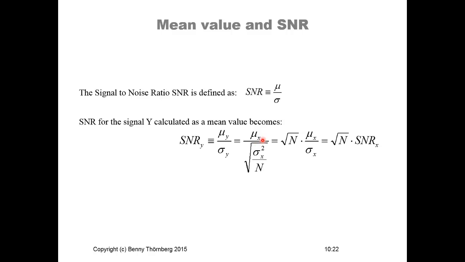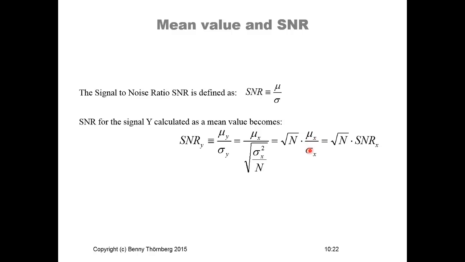And we have said that sigma y in square is the same as sigma x in square divided by n. To get sigma y instead of sigma y in square, we need to use the square root. And this is equal then to the square root of n times mu x divided by sigma x. And mu x divided by sigma x must then be the SNR of x.